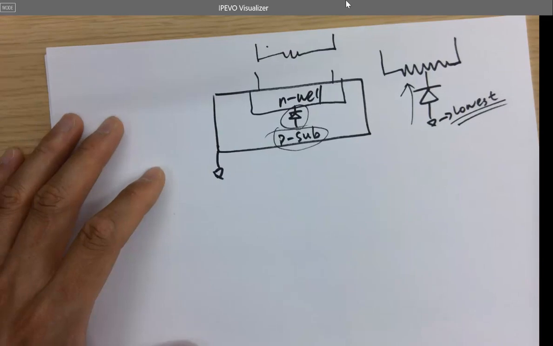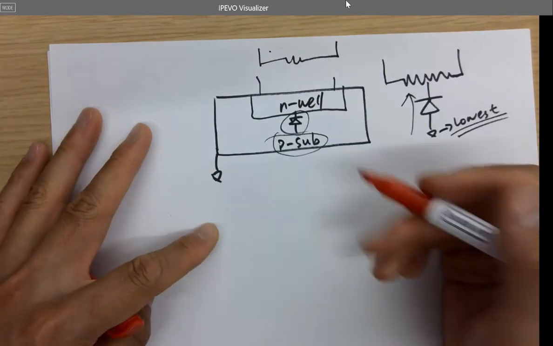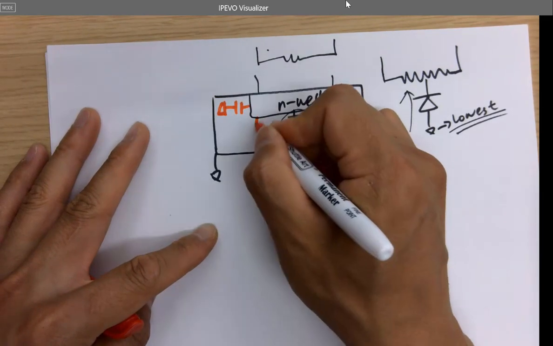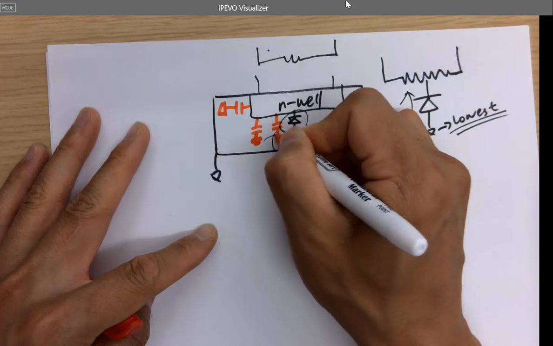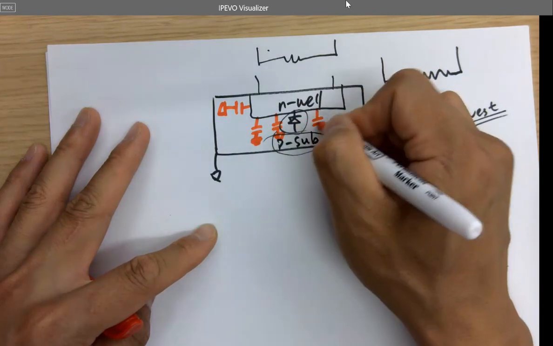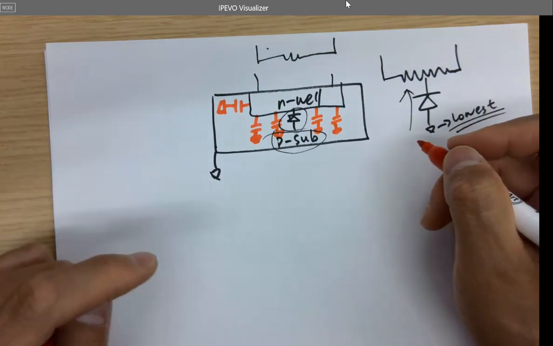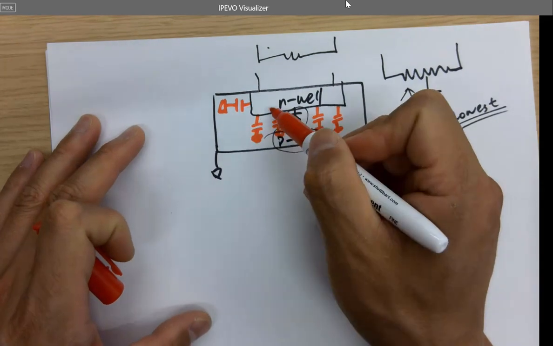So there will be capacitance. Because this is a cross-sectional view of it, you can imagine capacitance will be here, here, or ground, here, here. What are these capacitances? You have a PN junction, right?